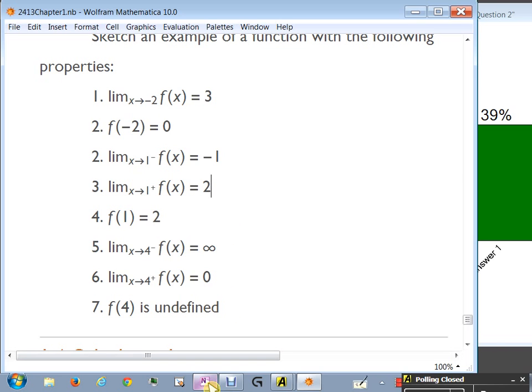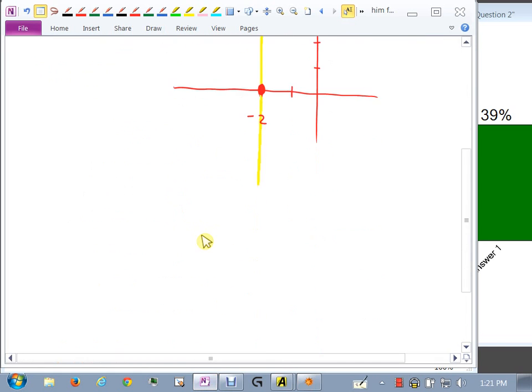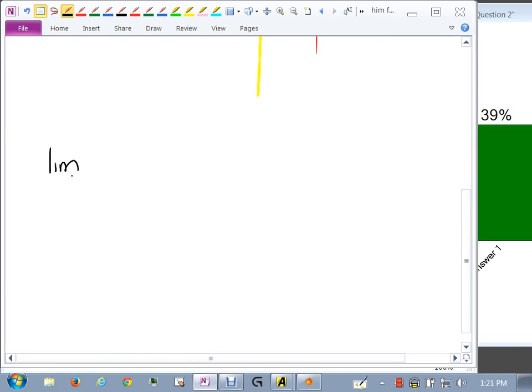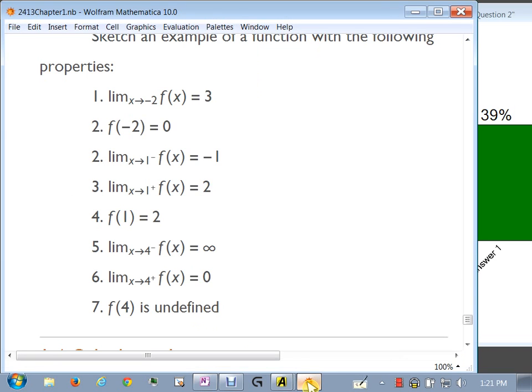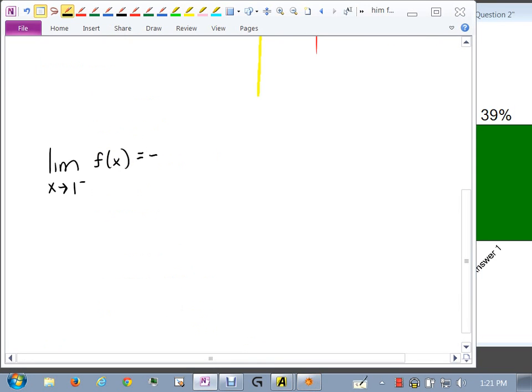So I'll write all these out, and I'm going to do a separate graph. The limit as x approaches 1 from the left of my function had to be -1. But then you wanted the limit as x approaches 1 from the right of my function to be 2.